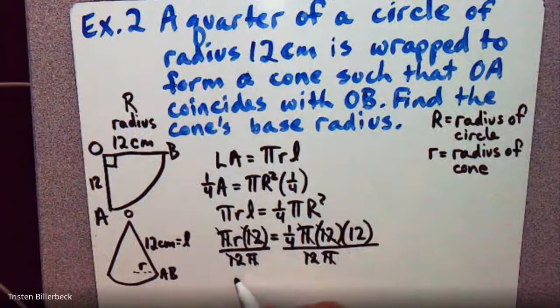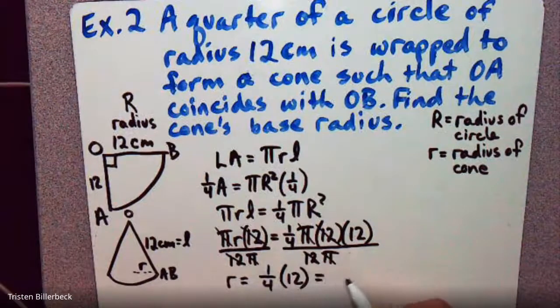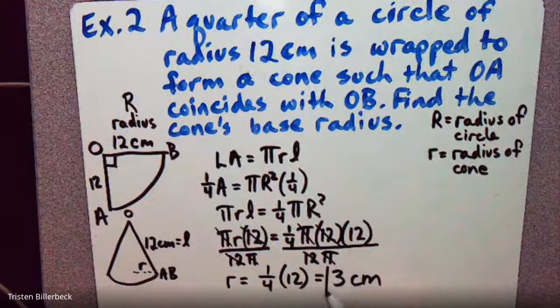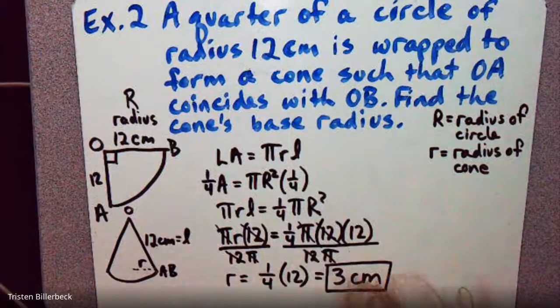So I end up with r equals 1/4 times 12, which we know is 3. So since our units are centimeters, the radius of the cone is 3 centimeters. And there you have it. Okay, let's try another example.